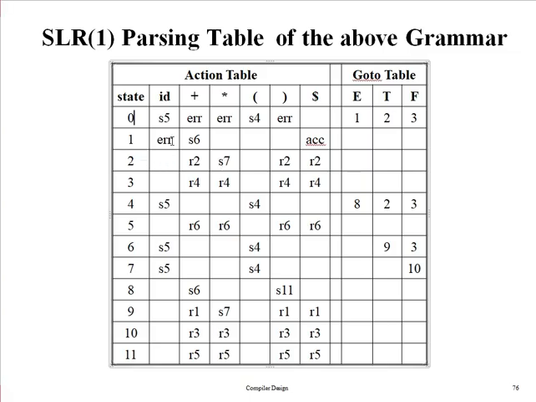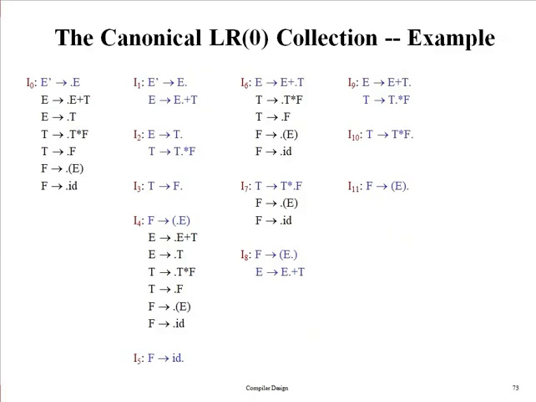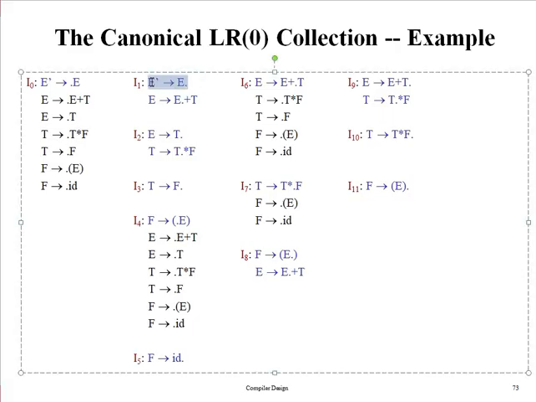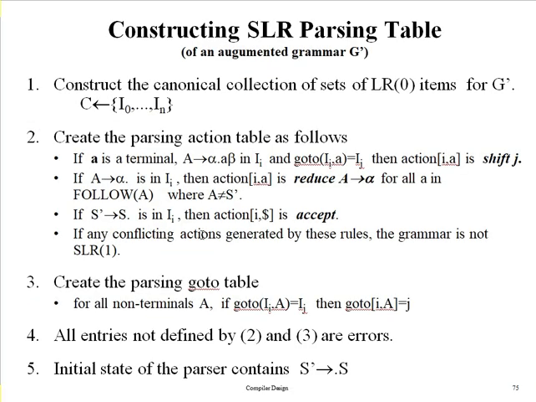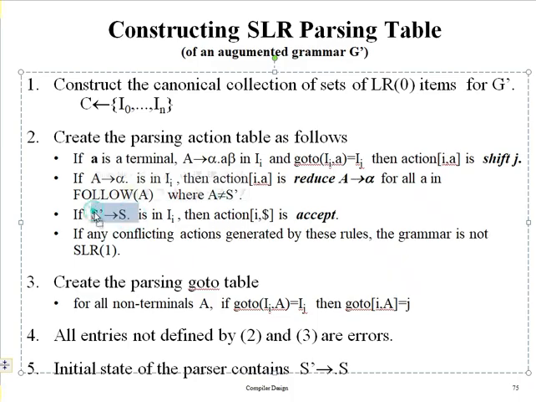The same is true for row 1. Here we should check I1. In I1 we have a final item, and according to this algorithm, if the item is a final item, we should fill a reduce operation.